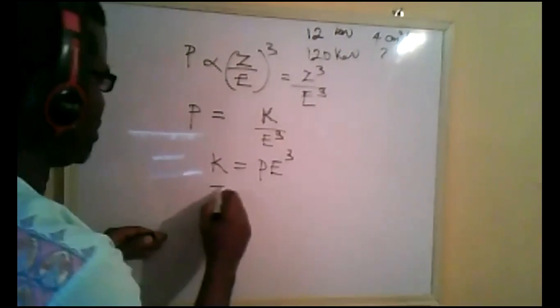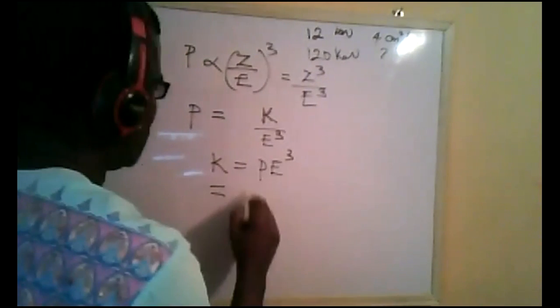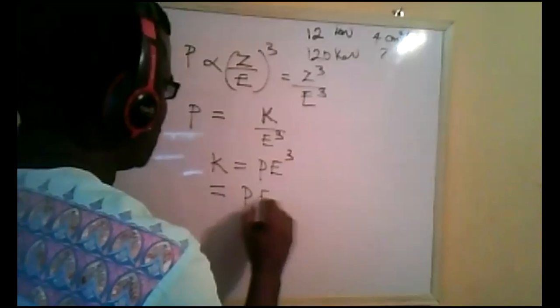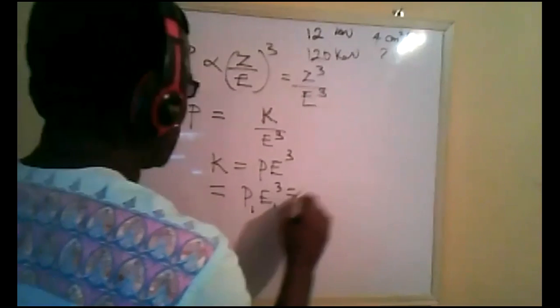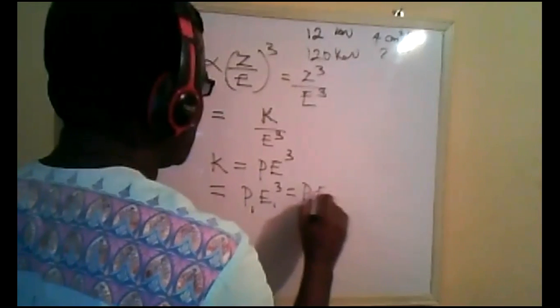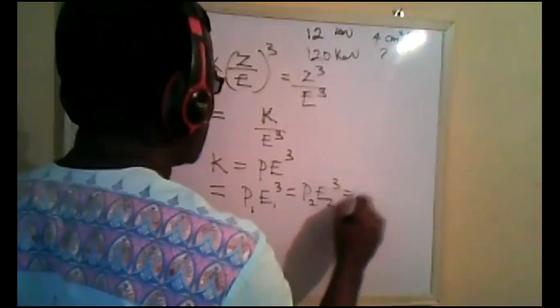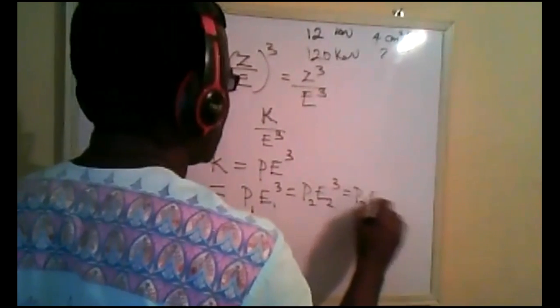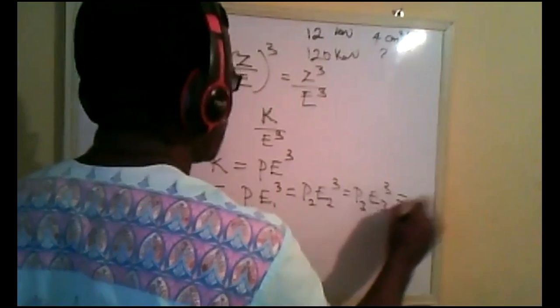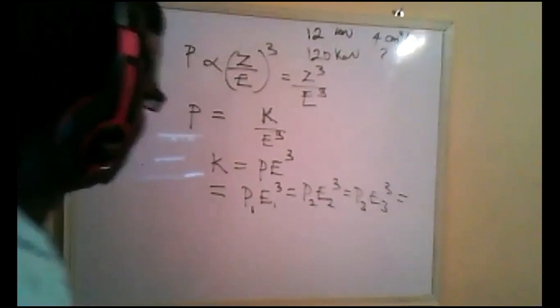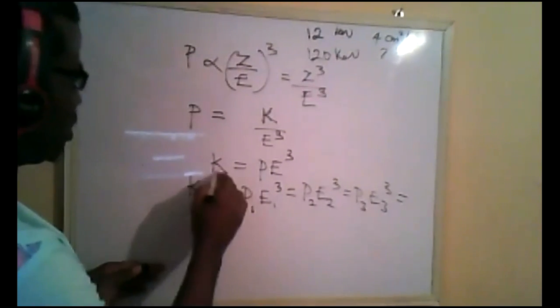So what this means is that P1 E1 cubed is equal to P2 E2 cubed is equal to P3 E3 cubed, and so on and so forth. This relationship holds because it's a constant.